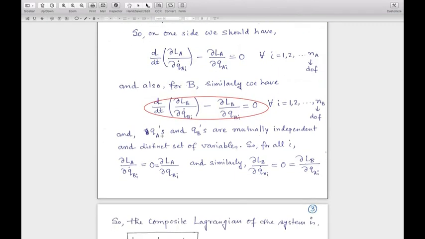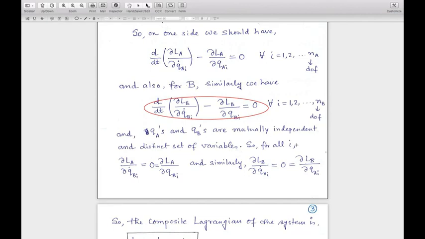Now these qAs and qBs are mutually independent and distinct sets of variables, because one is not at all seeing the other, right? There is no intercompartmental interaction. There is no interdependence.